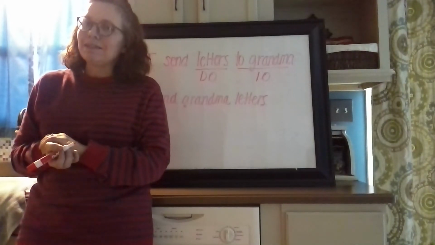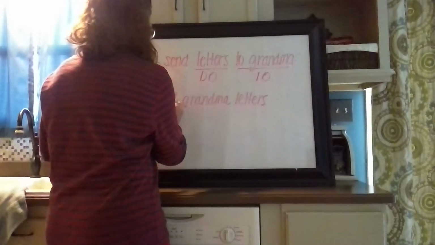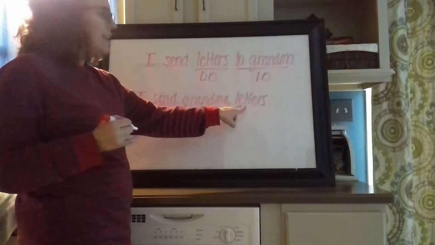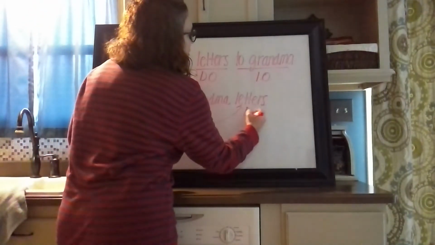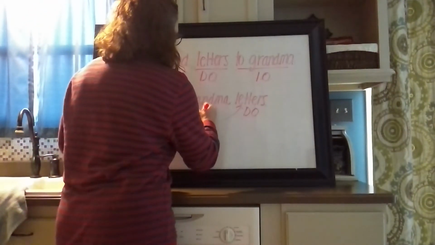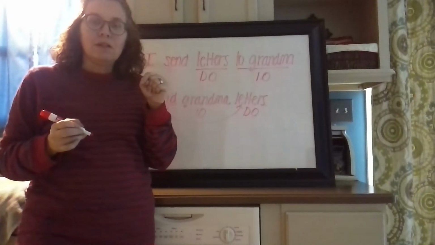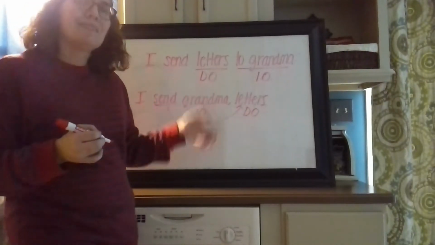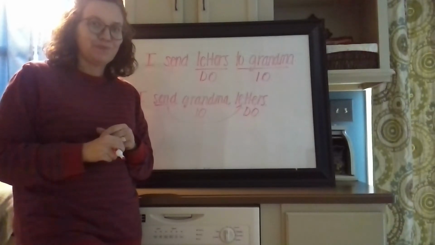But what are we really sending? Right, we're sending letters. We're not sending Grandma, we're sending letters. And who are we sending letters to? We're sending letters to Grandma. Notice we don't hear the word to, but we have to know enough about our grammar to know that she is still the recipient. It's who we're sending letters to.